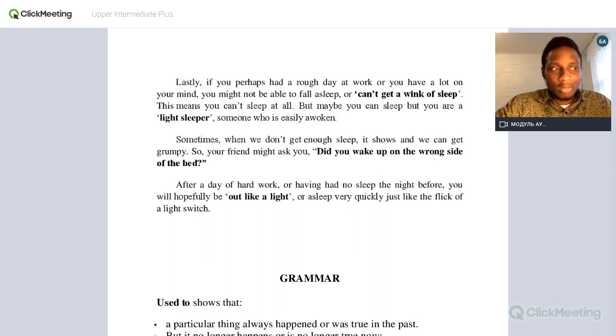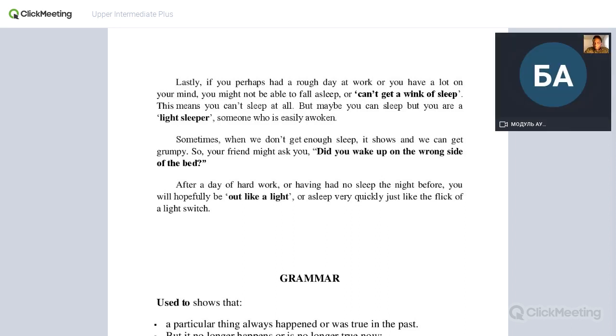So, was there anything that you used to do before, but you don't do anymore? While I was a pupil, I used to wake up at 7 o'clock and to go to bed at maybe 10 or 11 o'clock in the evening. But now my schedule is different from the time when I was a pupil.